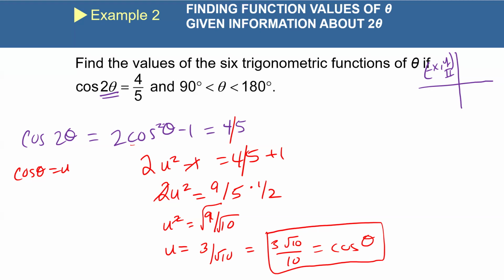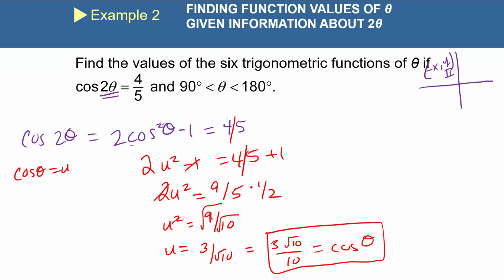Inverse operations. Our goal is to get u by itself. So the first thing to do was to add the 1. So we added 1 to the other side. 4/5 plus 1 is 9/5, right? 1 is 5/5. So we get 9/5.